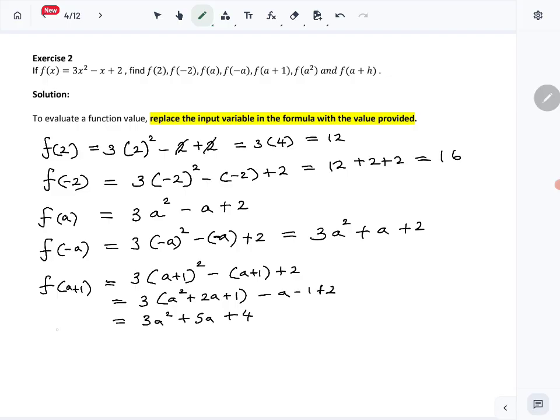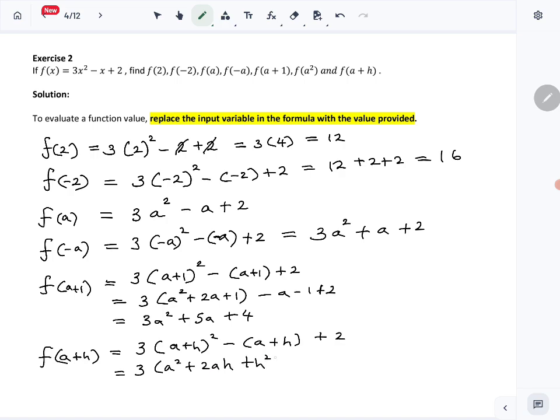Right. Then the final one, f of a plus h. So anywhere I see an x, I am going to replace it with a plus h. And now get rid of brackets and simplify. So we get 3a squared plus 6ah plus 3h squared minus a minus h plus 2.